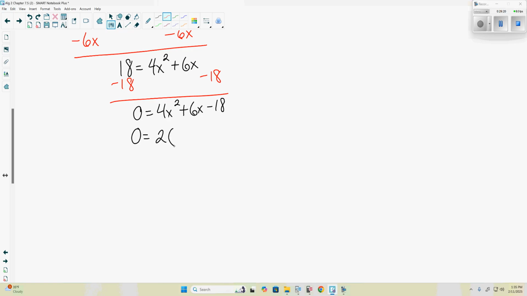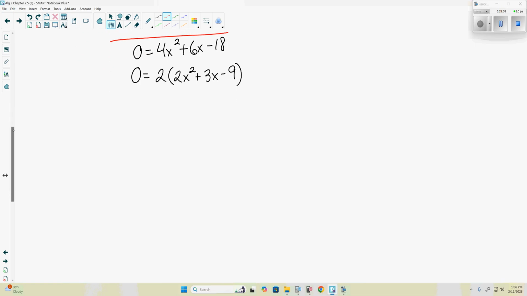4x squared, 6x, and 18 have the greatest common factor of 2. We can factor the 2 out of 4x squared and get 2x squared. We factor the 2 out of 6x, we get 3x. And when we factor the 2 out of 18, we get 9.